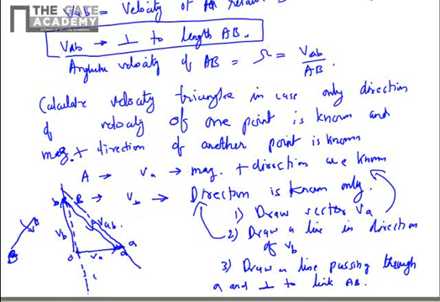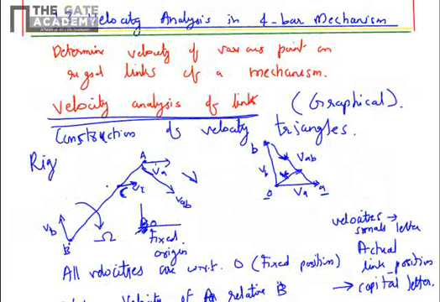So the fourth step: the point of intersection of the lines from the second step and third step is B. This way you can find B and find the complete velocity triangle for any rigid link, because there can't be any contraction or expansion along the length AB, so hence the velocity of A with respect to B will be perpendicular to the length AB.